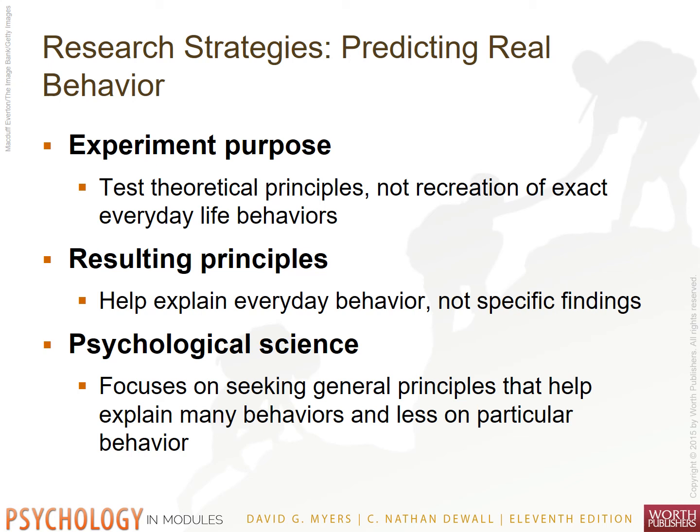But that's not always the case, and there's always a sort of push and pull between keeping things controlled within the laboratory and keeping things maybe not as controlled outside the laboratory, but in a more realistic setting. So, naturalistic observation is great because it occurs in a natural environment, but you have very little control over what's going on there.